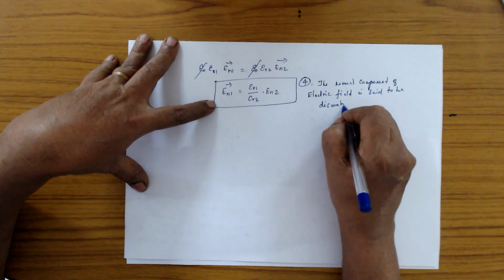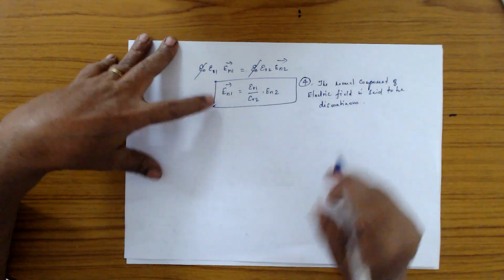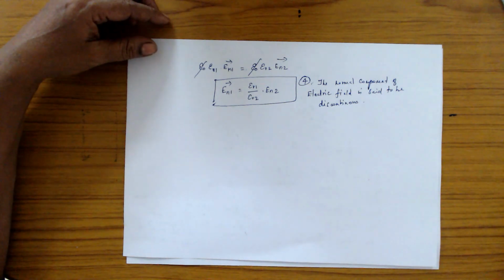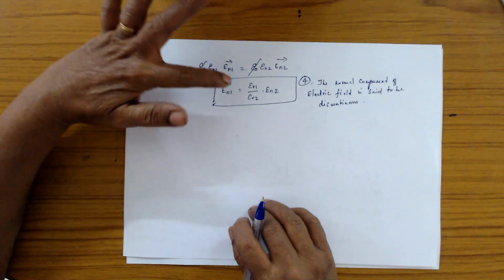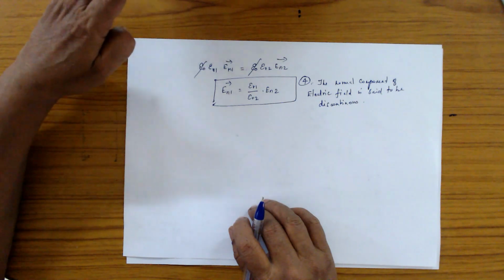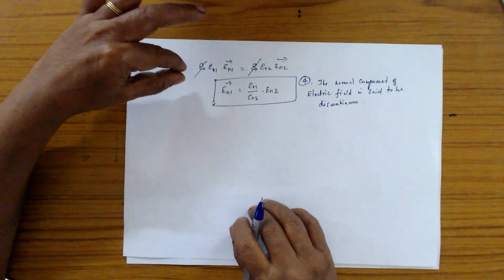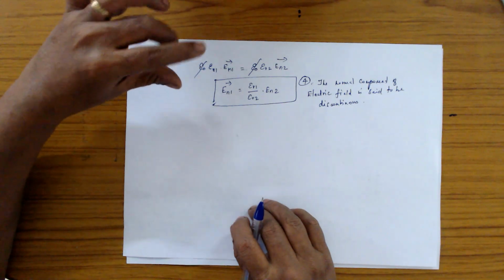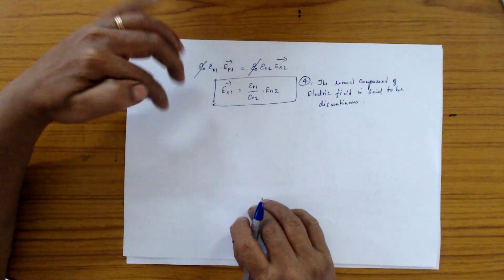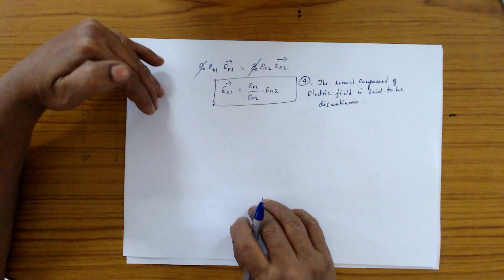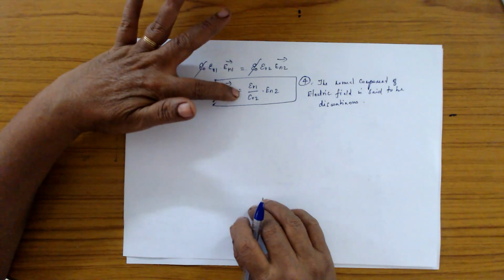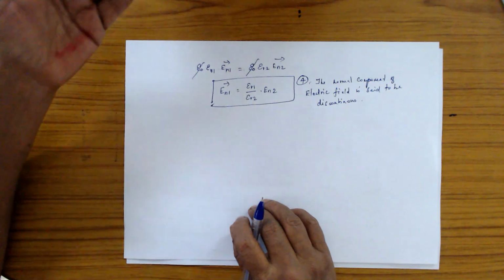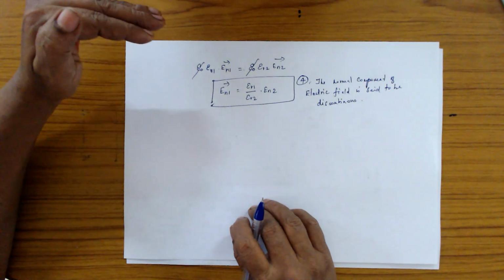This is the fourth condition. These four boundary conditions are used to analyze how the electric field behaves when the medium changes, not only the tangential component but also the normal component, for both the electric field and the electric flux density.